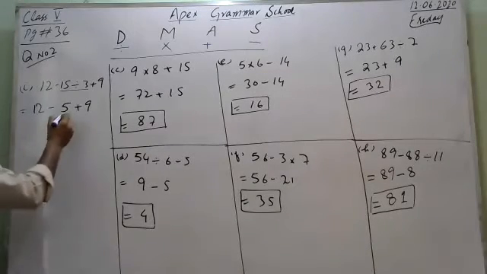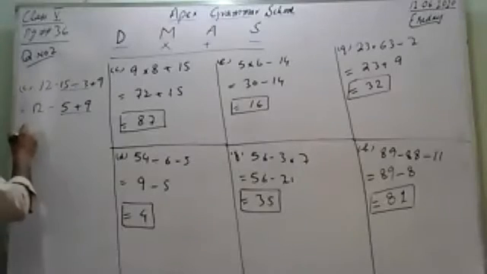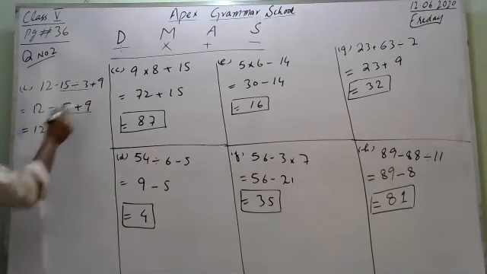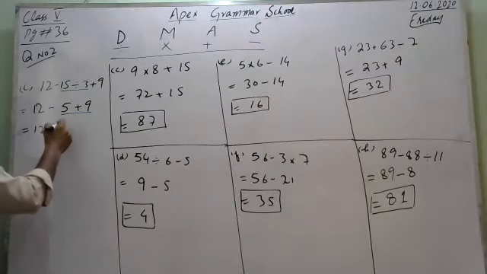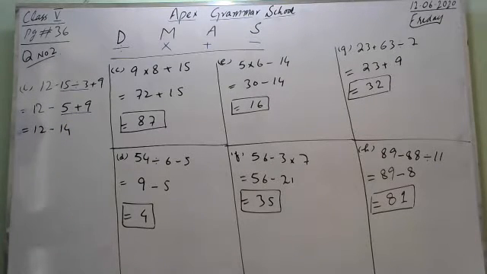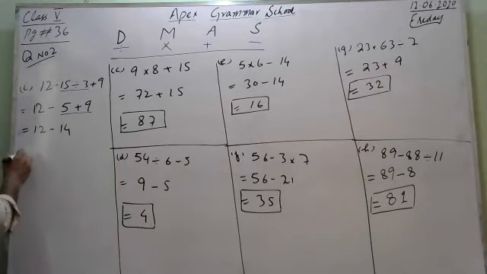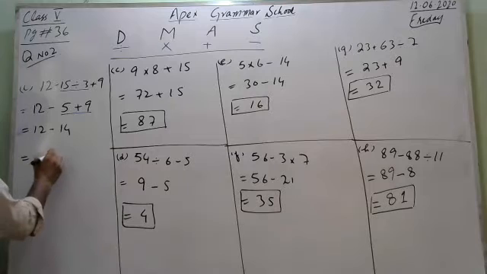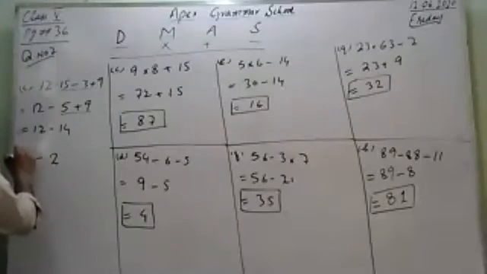Now we have to do addition. 12 as it is, 5 plus 9, answer is 14. 12 minus 14, answer is 2, but the negative sign is of 14, the greater value, so the answer is negative.